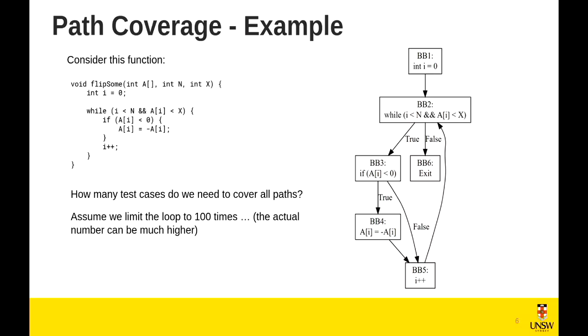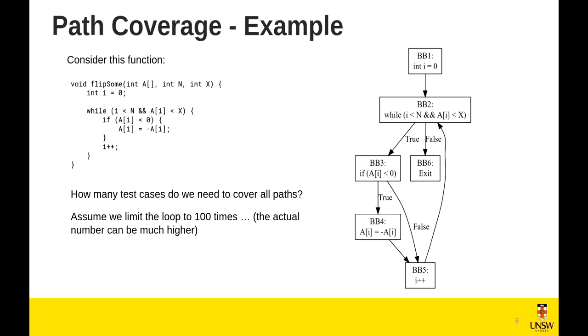Because we have a loop here, we don't know how many times we should go through it, and each time we go through the loop, we get a new path. A path is a sequence of executed nodes and edges, and whenever we execute the loop again, we get a new path, because the path grows longer and longer.